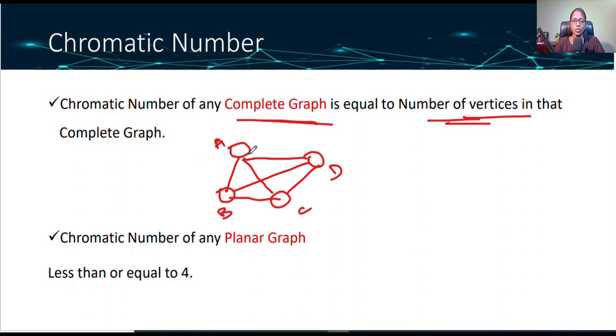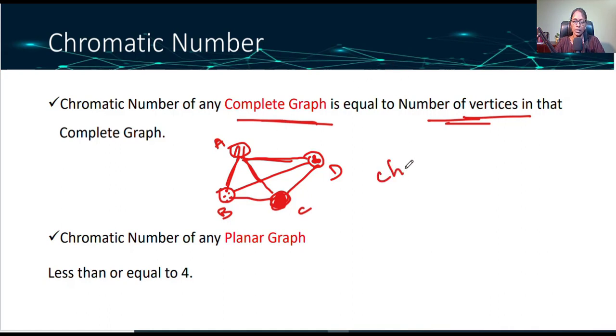So for the chromatic number of this graph, because here all 3 are adjacent, I have to give one color here, one color here, and one color here, 1, 2, 3, then 4. So I have to give 4 colors, then only no adjacent vertices will clash with each other.